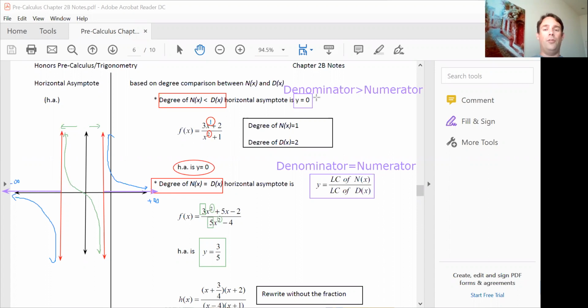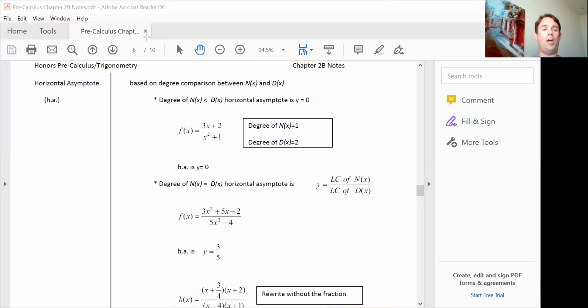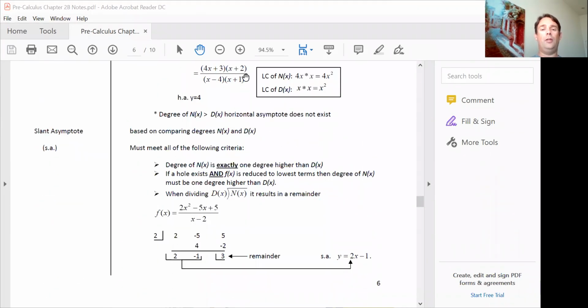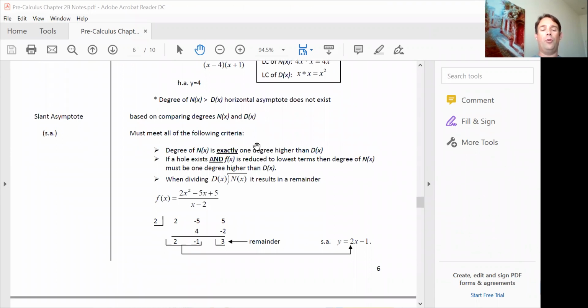So again, if the denominator has a bigger degree than the numerator, the asymptote is 0. If they have the same degree, the horizontal asymptote is leading coefficient divided by leading coefficient. The question comes up, what happens when the degree in the numerator is bigger than the degree in the bottom?